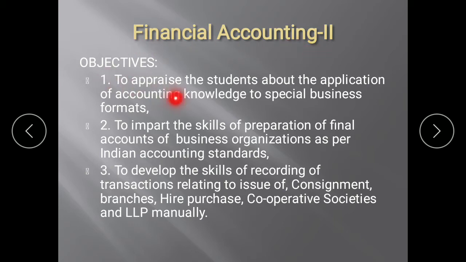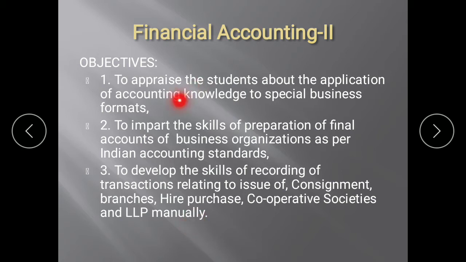The objective of introducing this subject is to apprise the students about the application of accounting knowledge to special business formats, to impart the skills of preparation of annual accounts of business organization as per Indian accounting standards, and to develop the skills of recording of transactions relating to issue of consignments, branches, hire purchase, cooperative societies, and limited liability partnership manually.